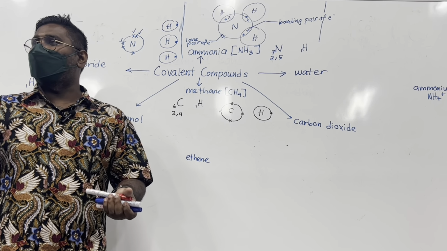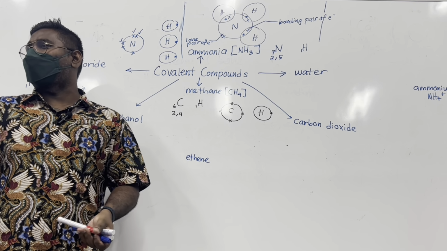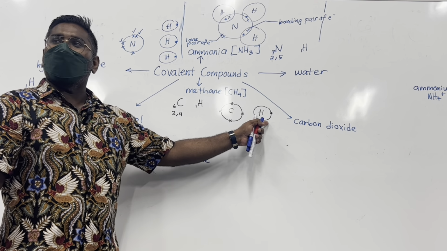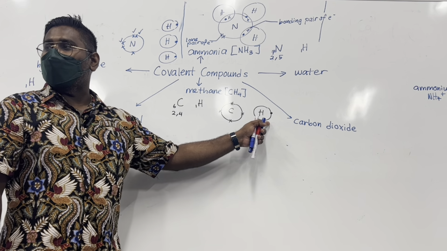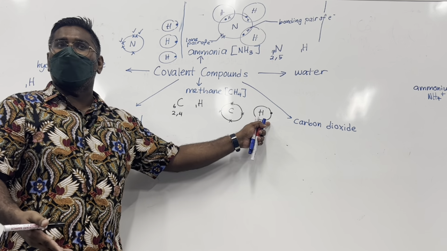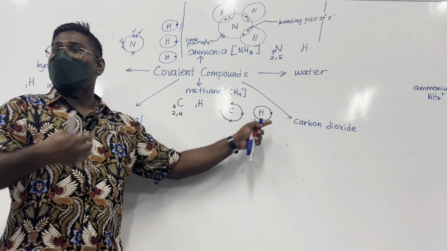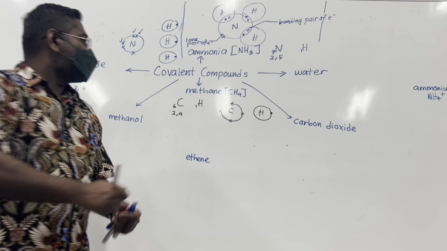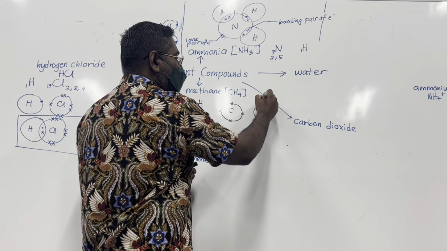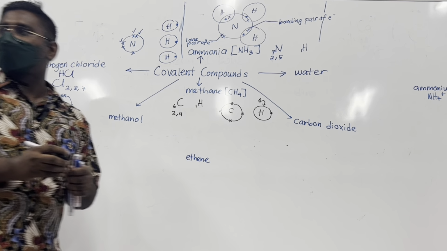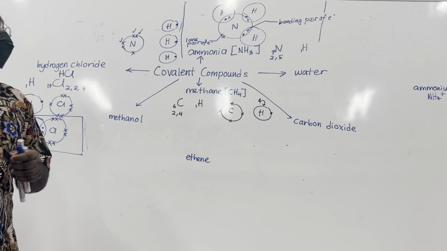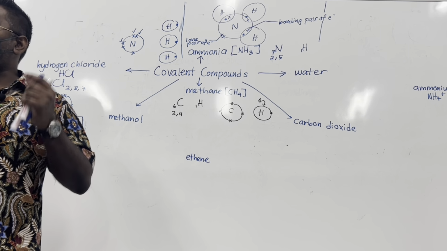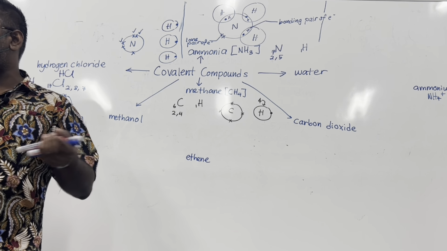Hydrogen's problem is solved. But for carbon, the problem is not solved, because I am going to get 1 electron from the hydrogen, but it's not enough. I need to get 4. Carbon needs 4 more to get 8. So you will need 4 atoms of hydrogen. So how do I draw 4 atoms of hydrogen? Now you need to determine which one will go in the middle and which will go surrounding.